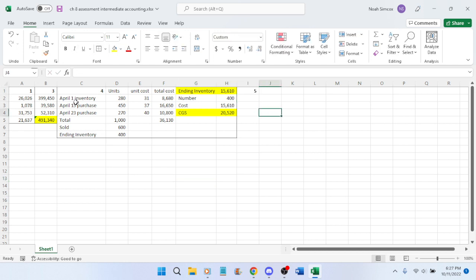This stuff is the same, this stuff is the same, but we have different numbers.